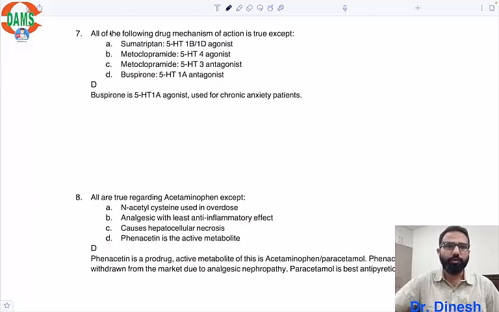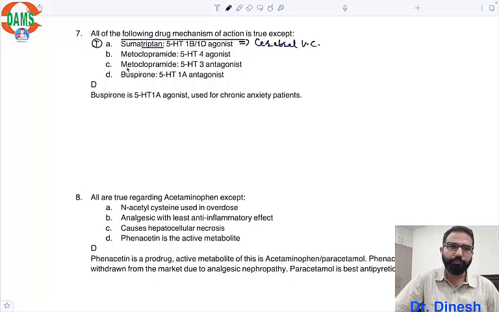Then, all of the following drug mechanisms of action are true except. Let's see one by one. Triptans act on 5-HT1B and 1D as agonists. Yes, because of the cerebral vasoconstriction, and that is absolutely true. Metoclopramide is a 5-HT4 agonist.